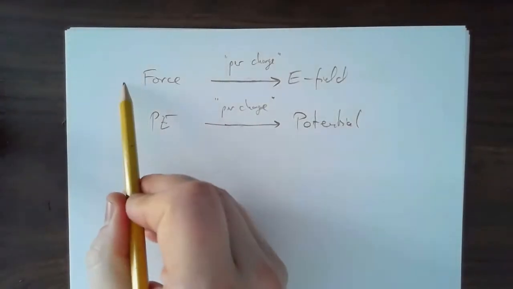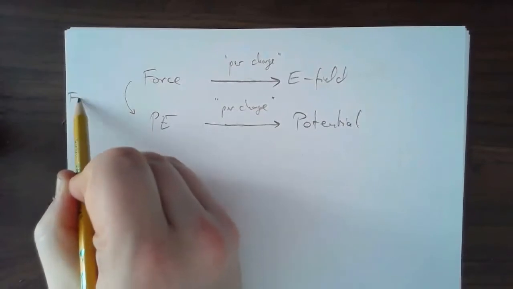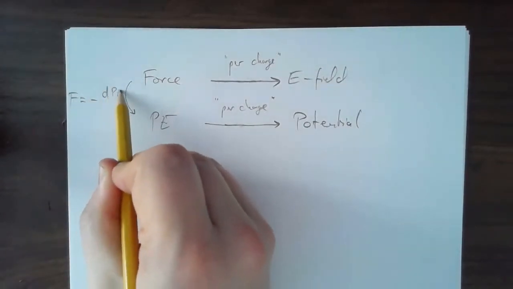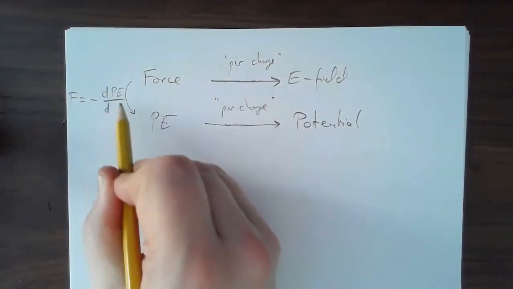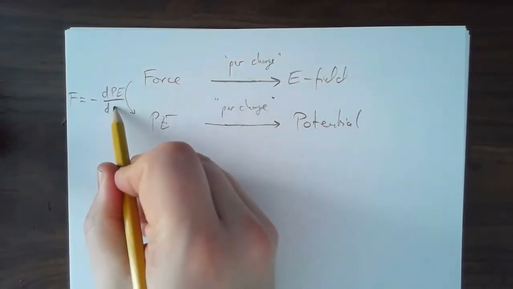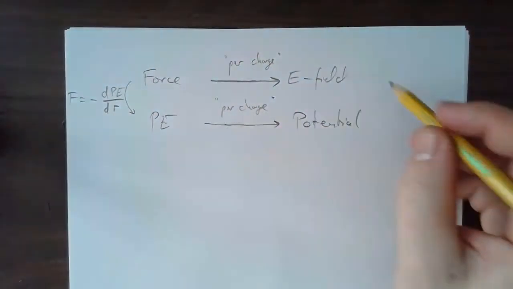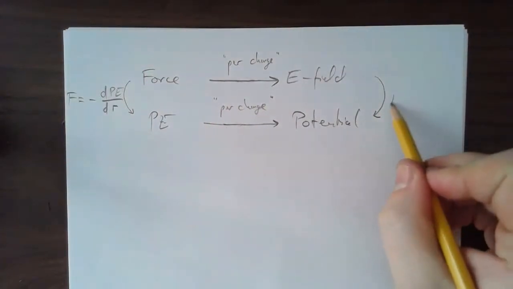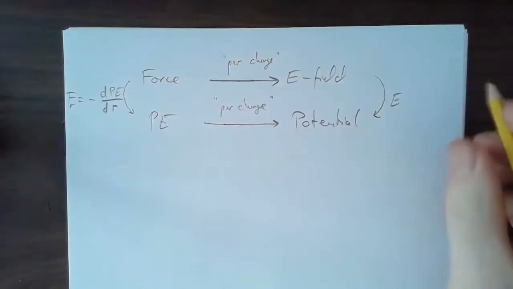Those two, right, they're related essentially via the notion of the work done, or I can write that the force is minus the slope of the potential energy. Now what variable I put here depends on how you characterize your system. I'm just going to put R, but it depends, X, Y, Z. And similarly, there's the relationship over here that says that the electric field is the force in the R direction.